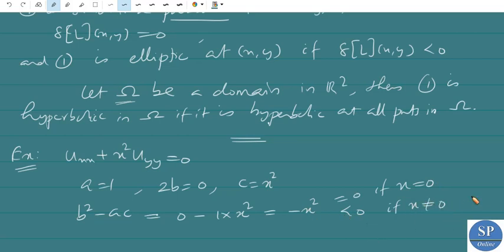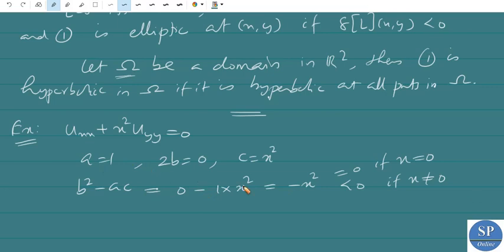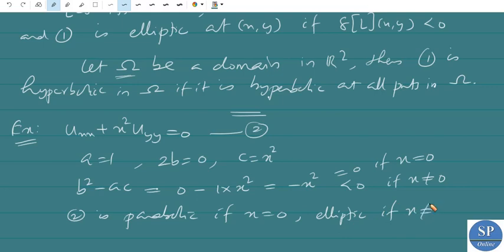So we can say that this PDE is parabolic if x equal to 0, and it is elliptic, since it is less than 0, if x not equal to 0, and it is independent of y, the second coordinate. So this is the classification.